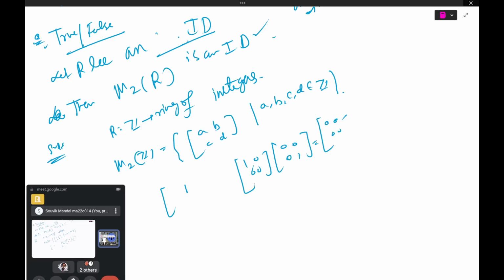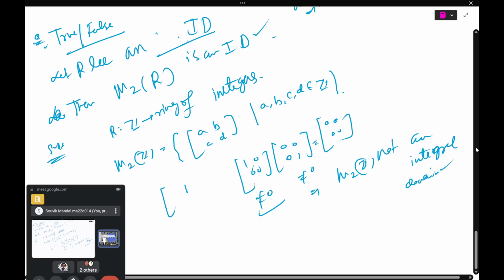The multiplication is 0, 0, 0, 0, but none of them is 0. So that's why M2(Z) is not an integral domain. And the same argument works for Mn of any integral domain. Instead of a particular integral domain, you can take a random integral domain, and the same example will work. That's the fact. So that's why a matrix ring can never be an integral domain.